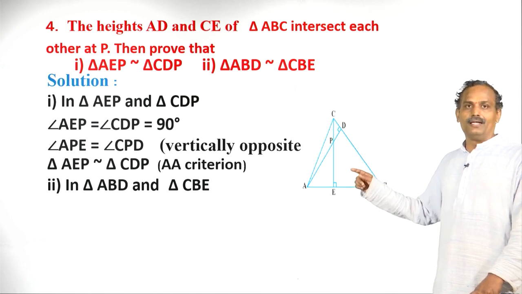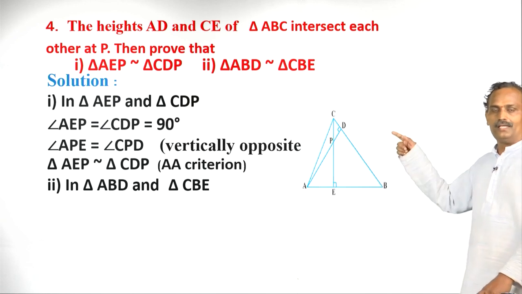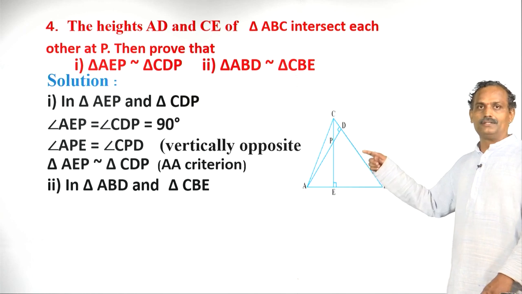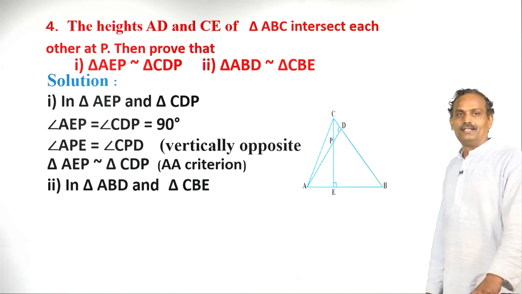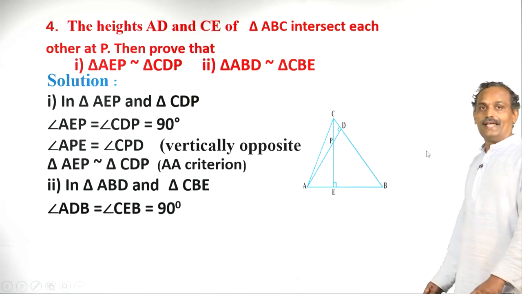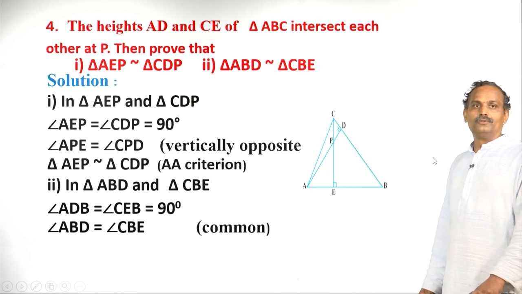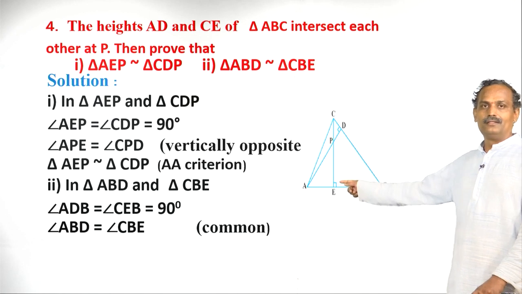Now let us consider the second one, in triangle ABD and CBE. In these two triangles we can find right angles again. Angle ADB is equal to angle CEB, they are 90 degrees. Now, the common angle is angle B, which is present in both the triangles.